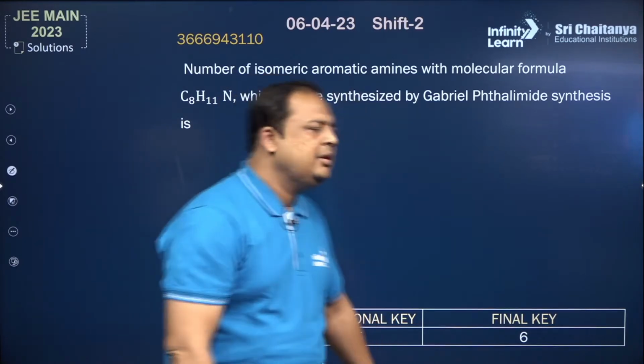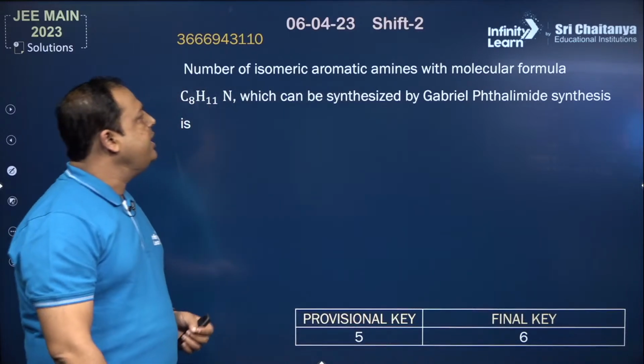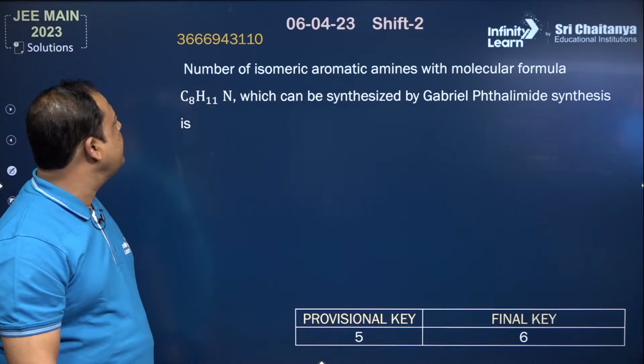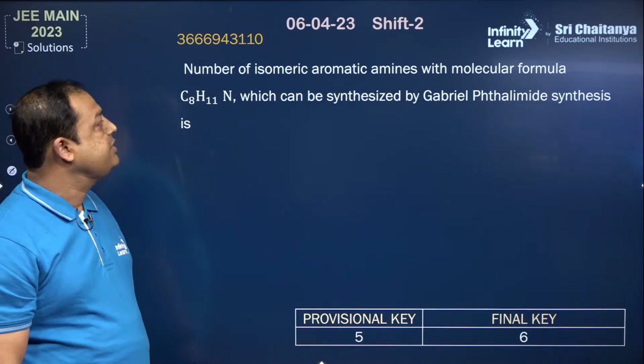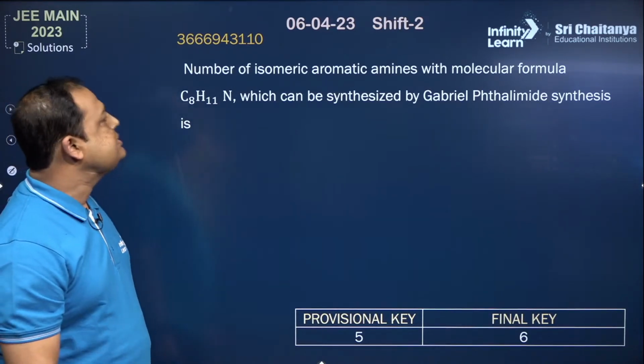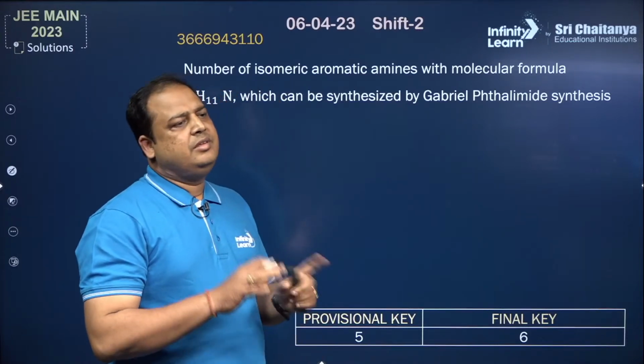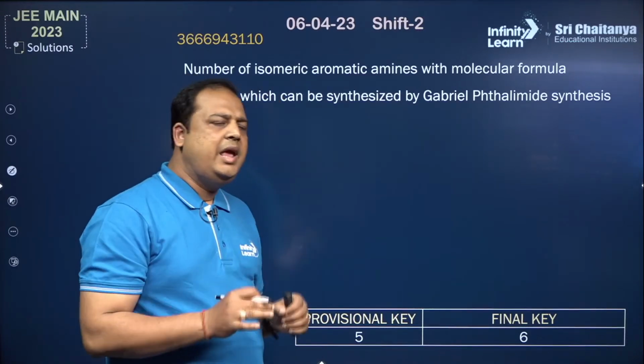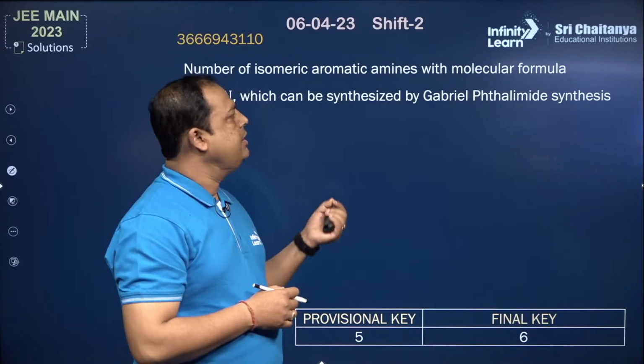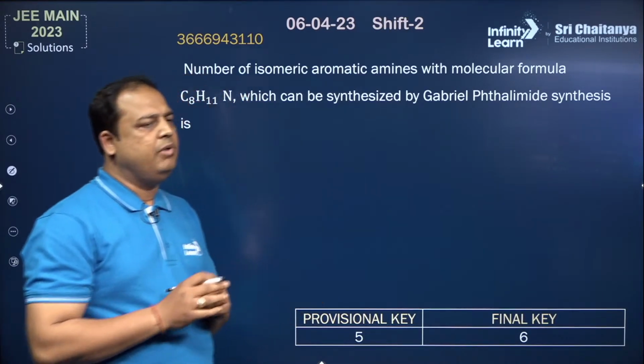Okay. Number of isomeric aromatic amines with molecular formula C8H11N, which can be synthesized by Gabriel synthesis reaction. As we know, the Gabriel synthesis reaction gives primary amines only.